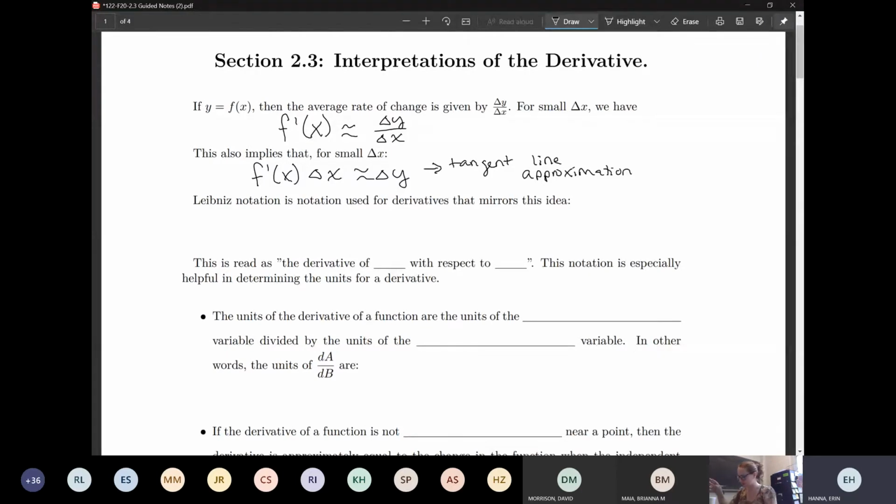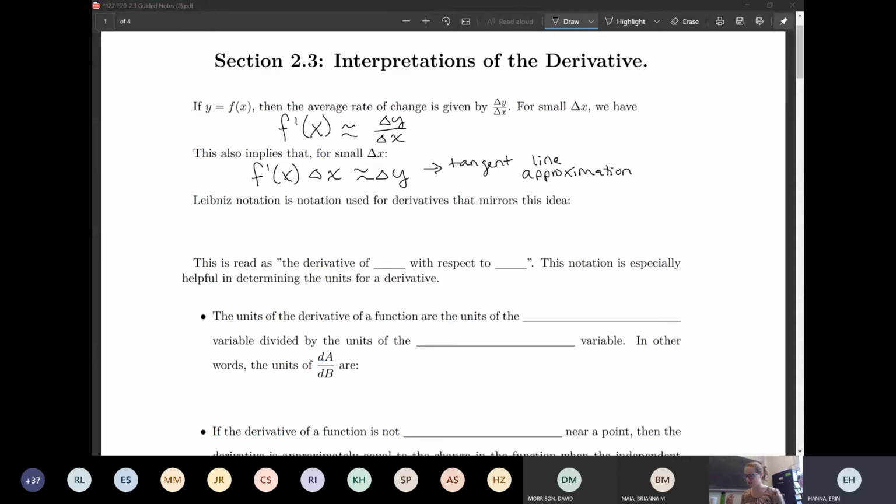The first thing we've got to talk about is something called Leibniz notation. A little bit of history: calculus was essentially created by two different guys at the same time, but they didn't know the other person was also creating calculus. So there are two different types of notation used. We mainly use Newtonian.